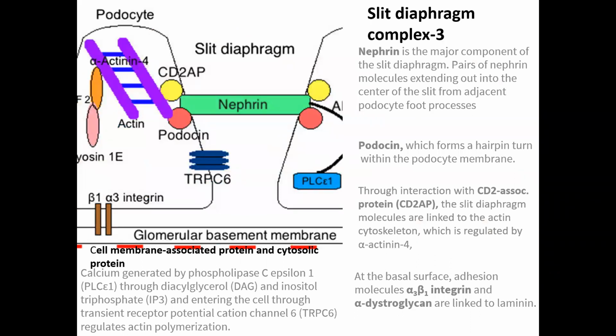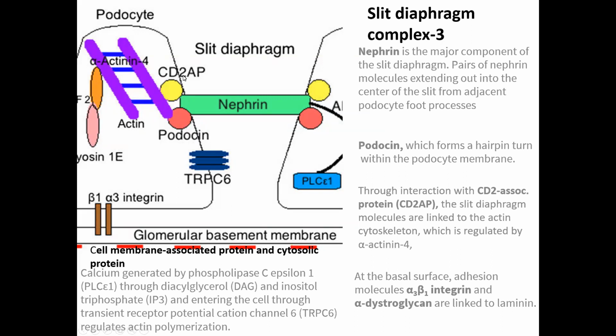Many molecules comprise the slit diaphragm, starting with nephrin. Nephrin is a major component of the slit diaphragm. Here we can see the pair of nephrin molecules extending out into the center of the slit from the adjacent podocytic foot processes. The second important molecule is podocin, which forms a hairpin turn within the podocyte membrane.